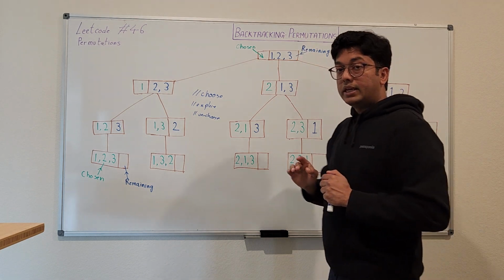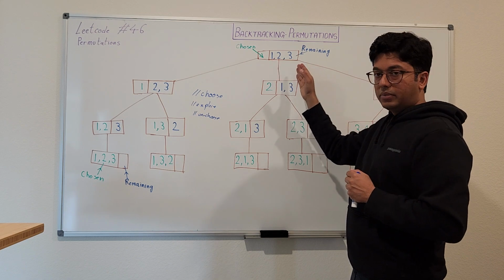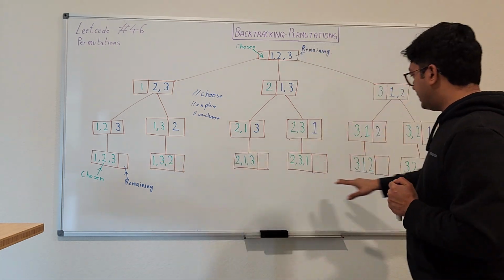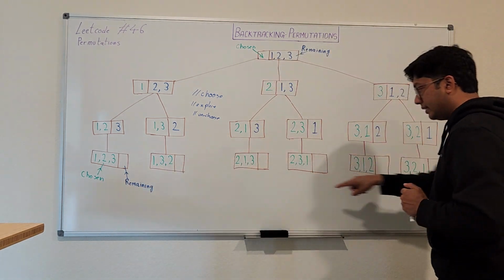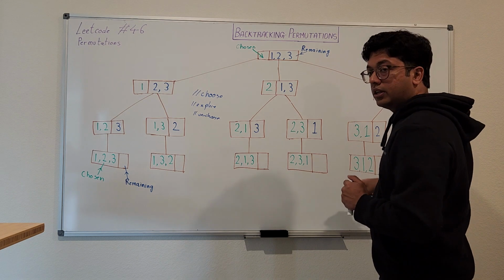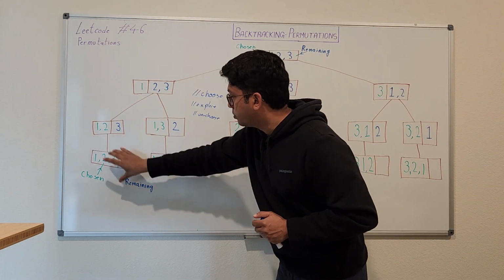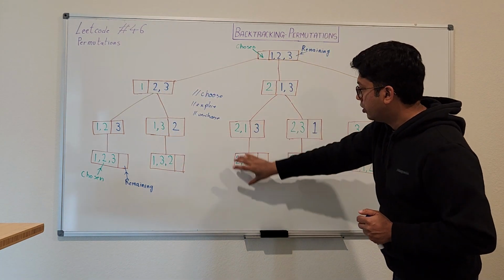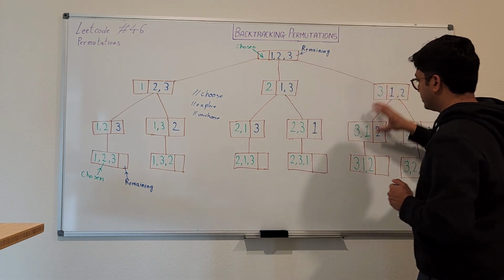So if your input is the same and you write the code the way I wrote it, the output will be exactly in this order: 1, 2, 3, 1, 3, 2, 2, 1, 3, and so on. It will be in this order for the reason of the way stack frames work. From here it will explore all of this, come back here, explore all of this, come back here, and like this.